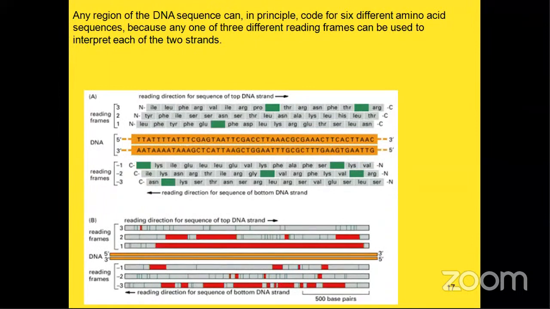How? Using the codon table. For example, the first three letters would represent one particular amino acid. The second three represent another amino acid. The third three would represent another amino acid, and so on.